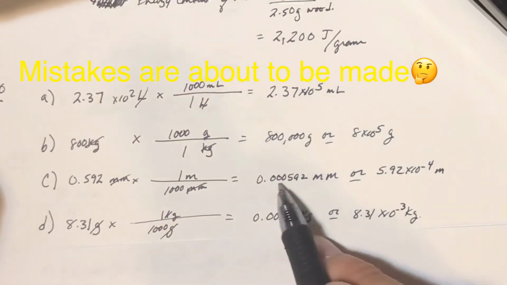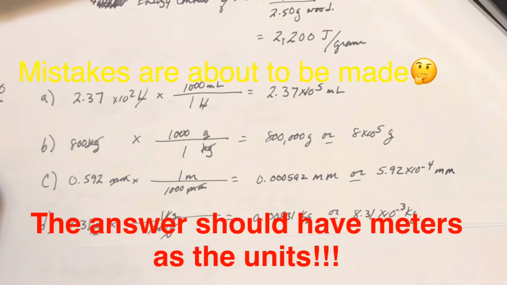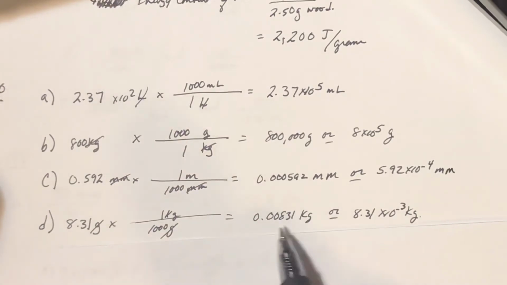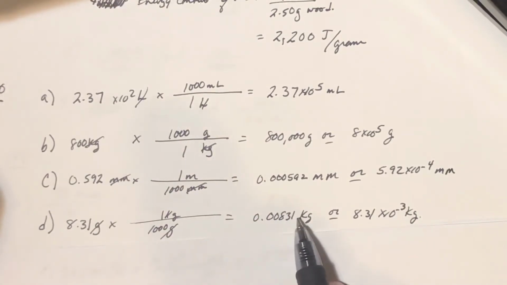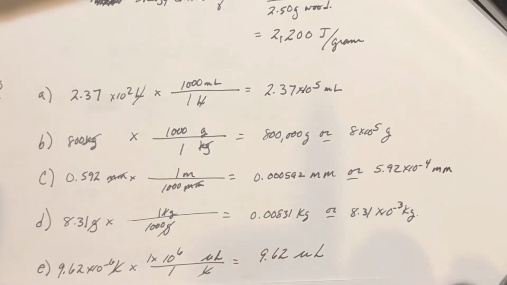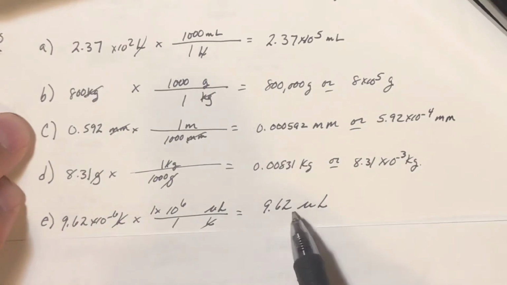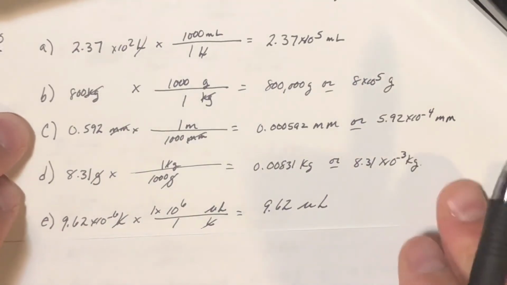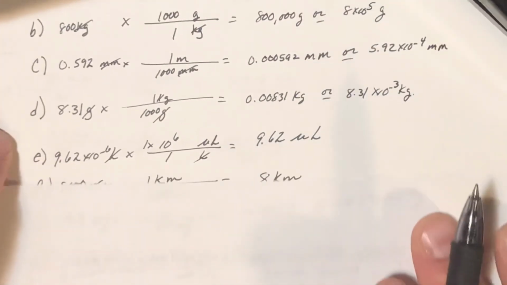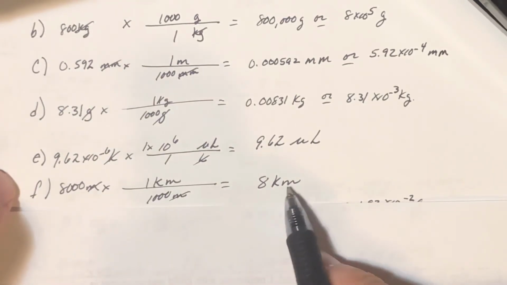I think that should be 1, 2. Sorry. Meters. 0.00831 kilograms, or 8.31 times 10 to the negative 3 kilograms. Letter E. 9.62 microliters. 800 meters into kilometers is 8 kilometers.